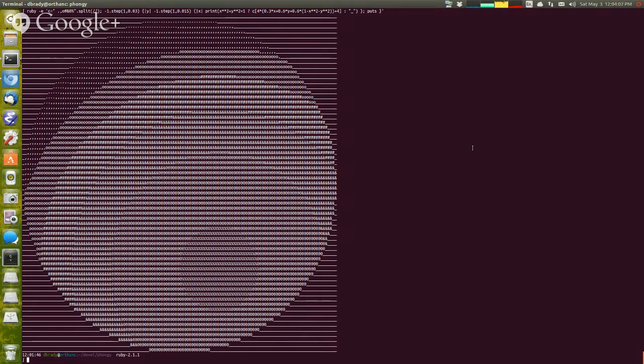And I think the code that I've written here still does fit in a tweet, but yeah, what you've got here is a Phong shaded sphere ray traced at a bash prompt in Ruby, and that's it.